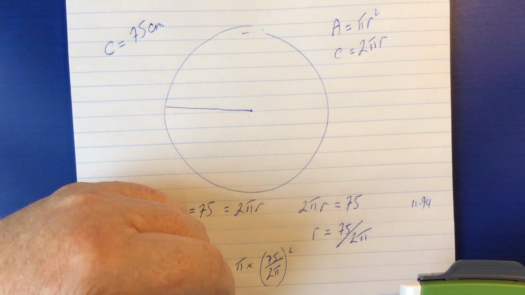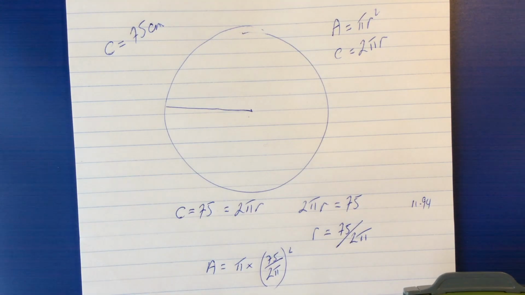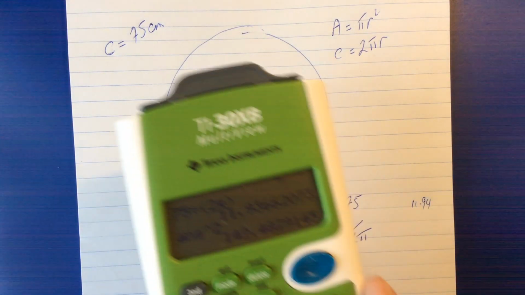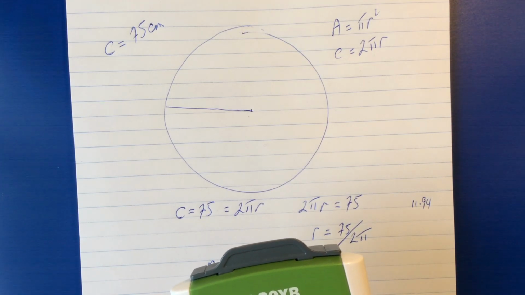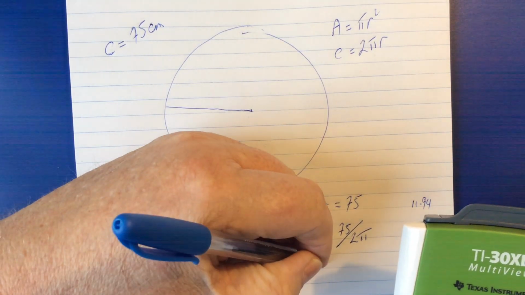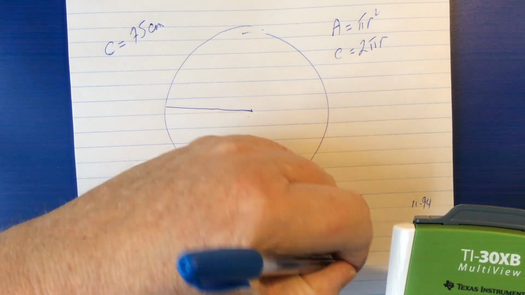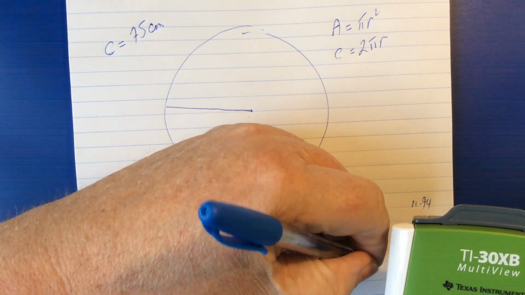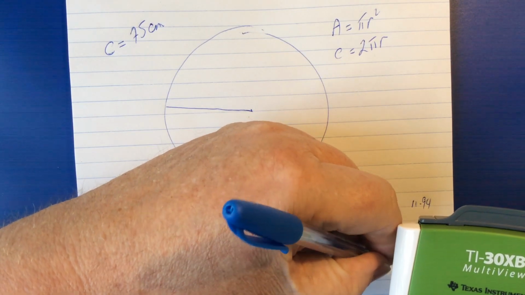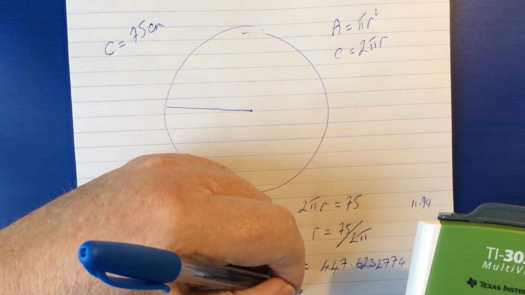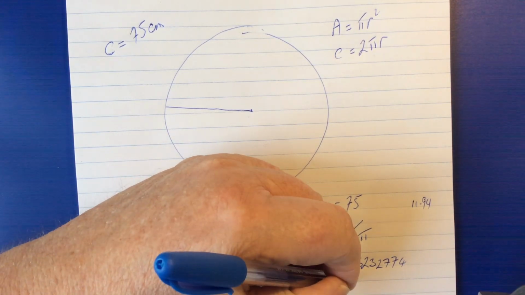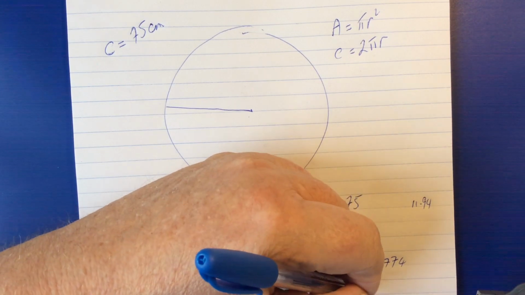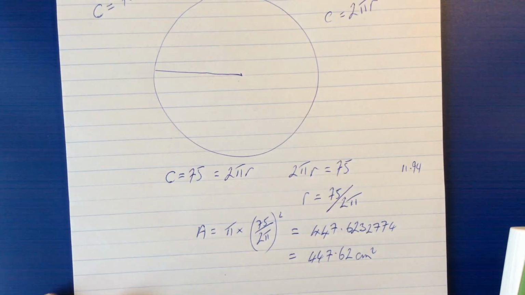So 142.4829145 times pi gives us 447.6232774, which to two decimal places we will say 447.62 centimeters squared. That is our answer, and that is how we get it.